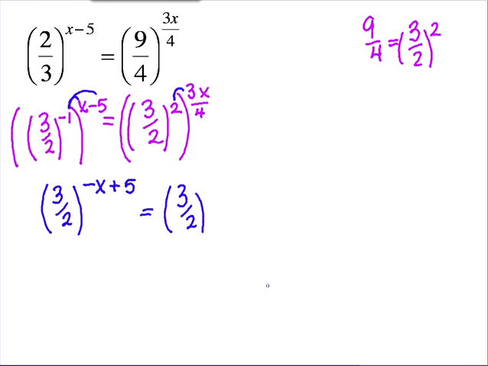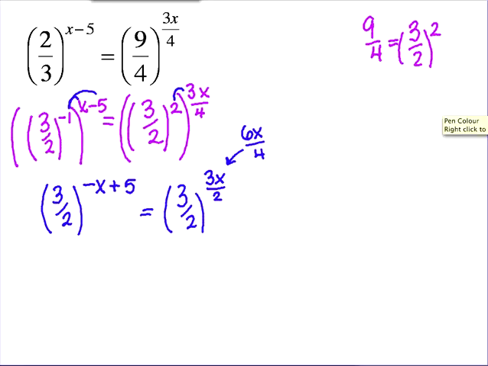What is 2 times 3/4? It's 6x over 4, which reduces down to 3x over 2.